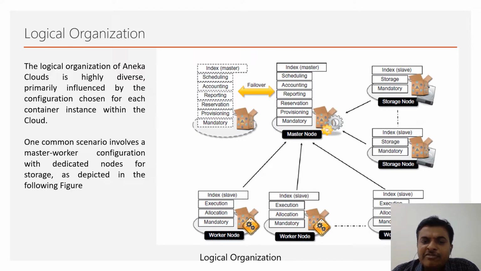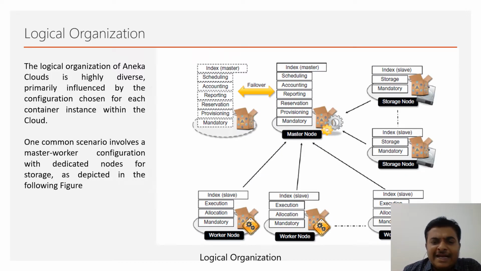And the next thing is the worker node. We have a number of worker nodes based on our application deployment. Each worker node will have index, execution element, that is a container, the allocation of resources, and the mandatory elements that need to be taken care of while executing the application. All these worker nodes share the workload of the actual application, according to how we allocate them to perform.